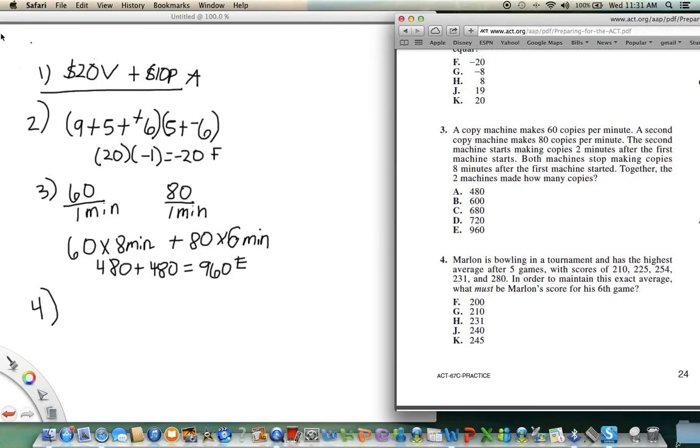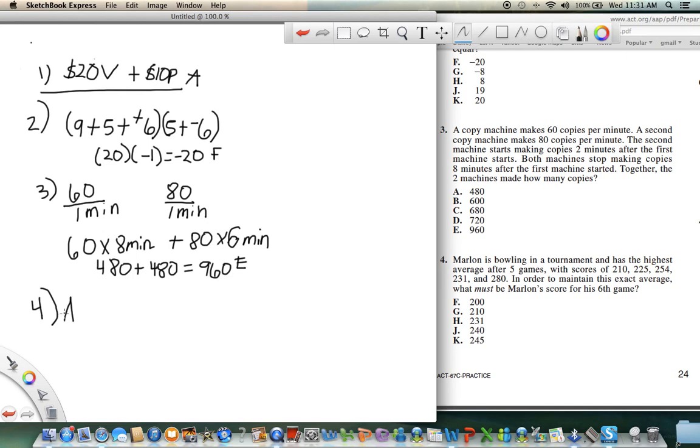This is an averaging question. You will have an averaging question pretty reliably on any test that you take. I never remember going through an ACT and not having an averaging question. So knowing the fundamentals of how this works and the fact that you can expect it on the test will help save you time. Okay, so here's how we do averaging questions.